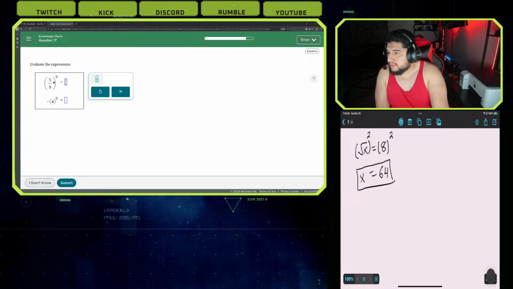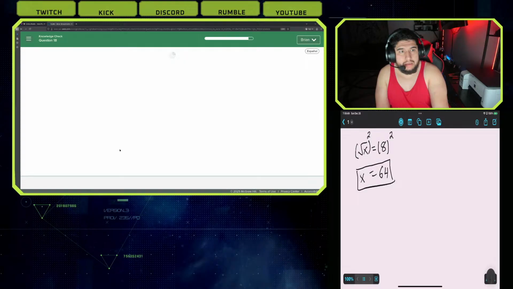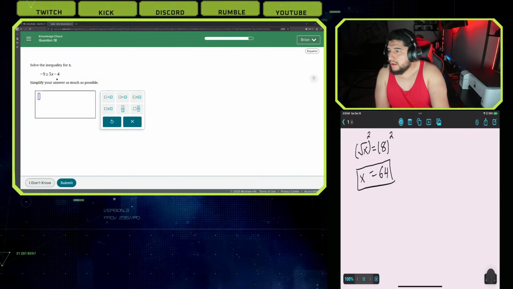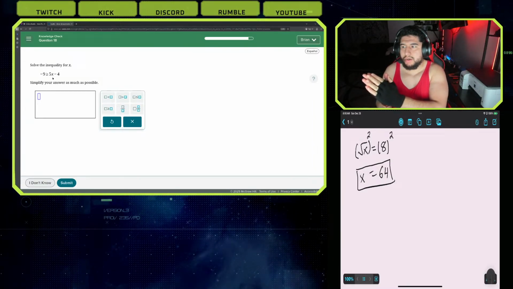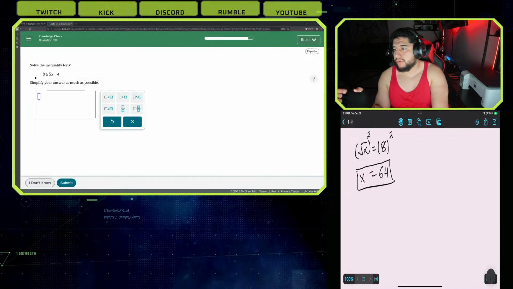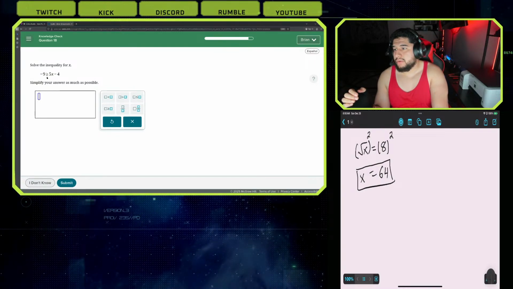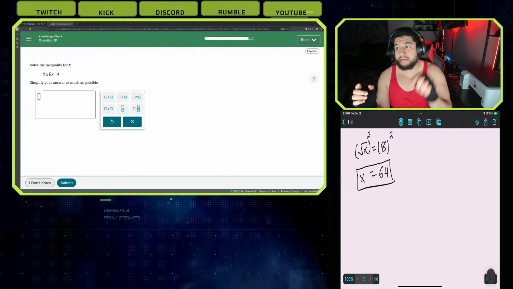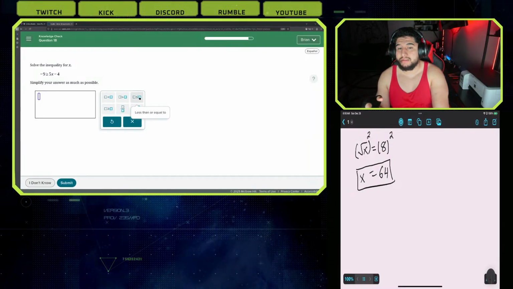Evaluate the expressions. We didn't do this one either, so let's not say that we know it. Solve for x. We just do the opposite. We did a similar thing. We have to isolate x by moving the -4 over and then divide by 5 and keep the greater than or equal to. If you divide by a negative, then you have to switch the sign to less than or equal to.